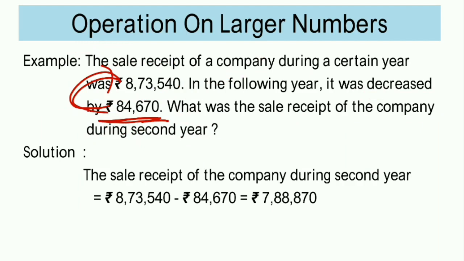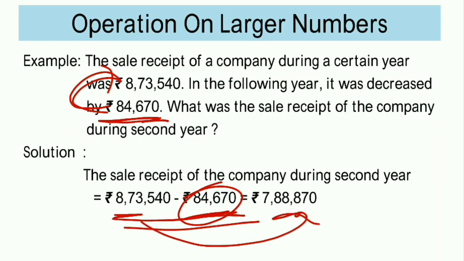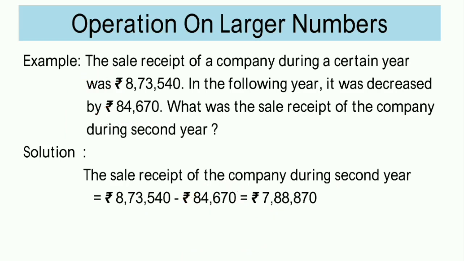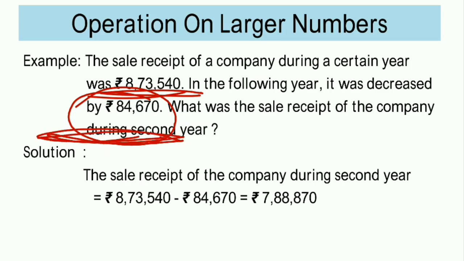So what was the sale? Obviously you will get the difference, you will subtract this much because this much less was there. So we will subtract this, then we will get the sale receipt for the next year. I repeat that this was the sale for the first year, and next year it was decreased by this much, means this much less sale has taken place in the next year.